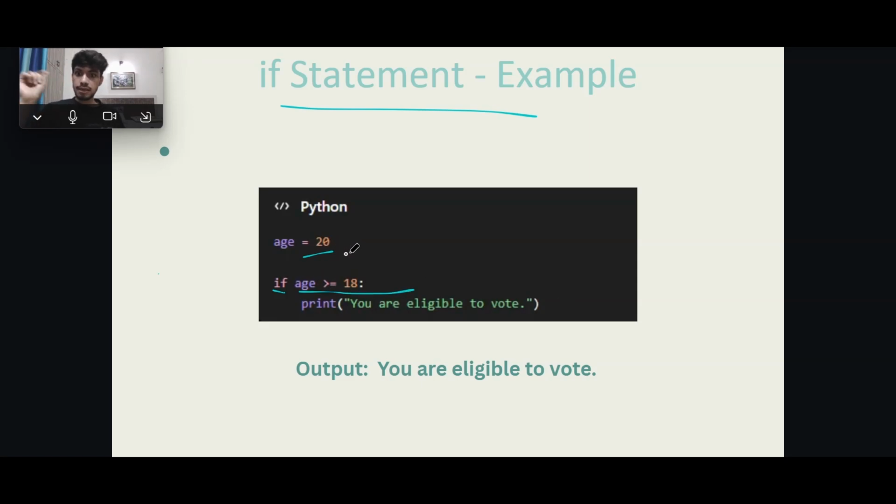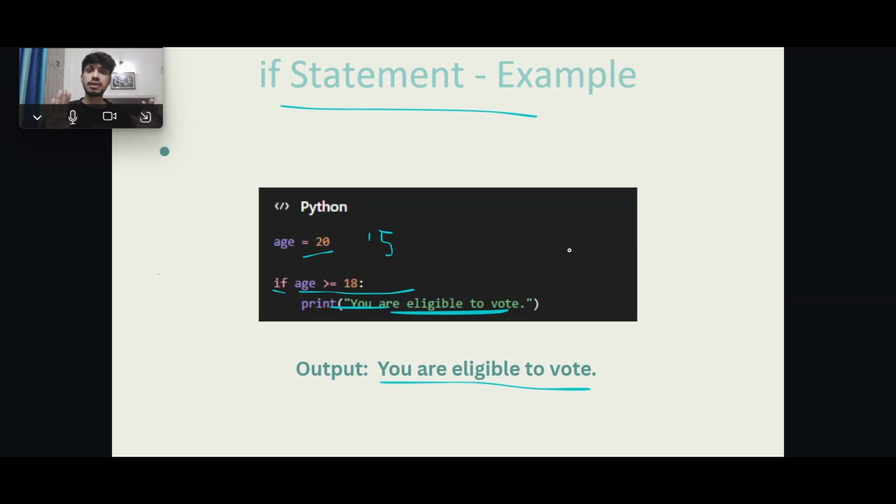So 20 is greater than or equal to 18. So it will print you are eligible to vote, and the output will be you are eligible to vote. For example, if it is less than 18, say 15 or something, then it will not print a single statement. It will directly end the program because there is no else statement.